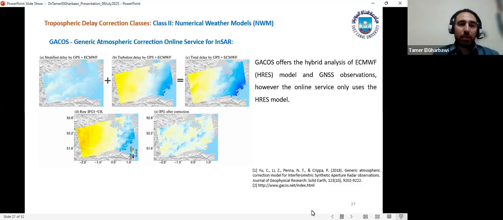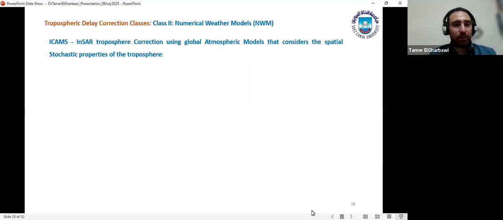The original proposal of GACOS was actually using the GPS observation, which was very accurate, and then it was merged with the numerical weather model. But currently, the online service is actually using only the numerical weather model, which can have an accuracy far worse than using the GNSS or the GPS.